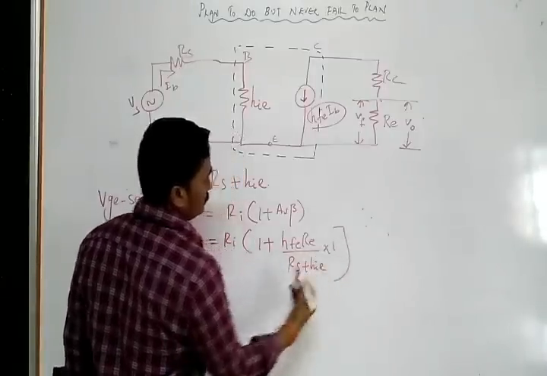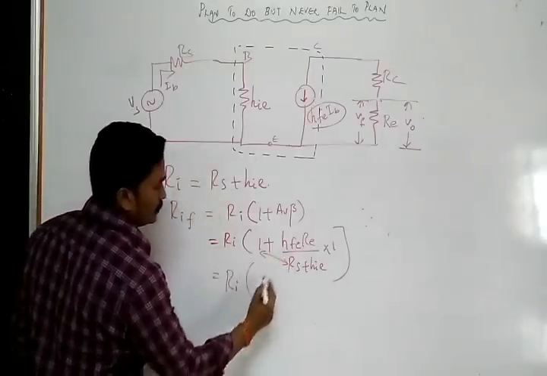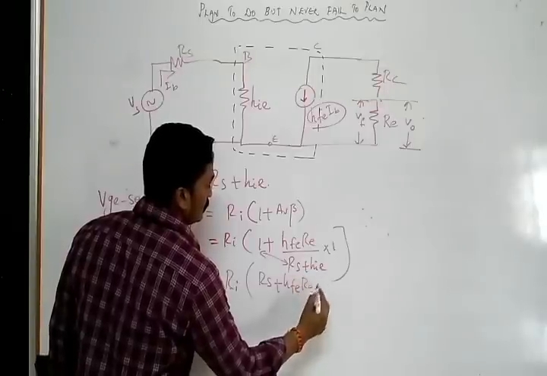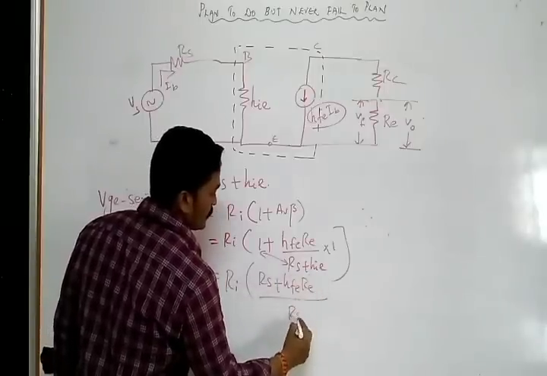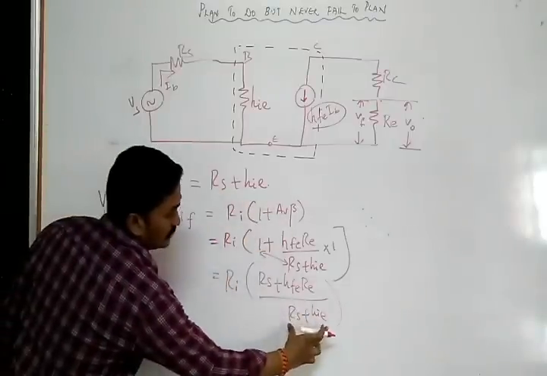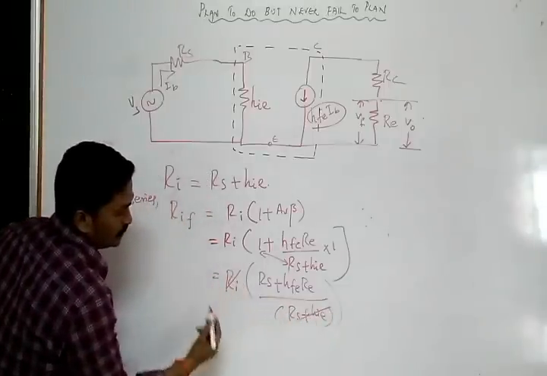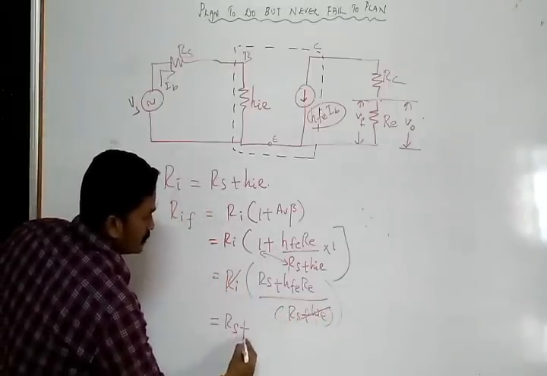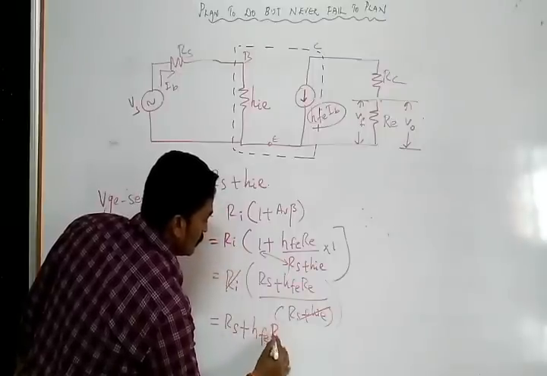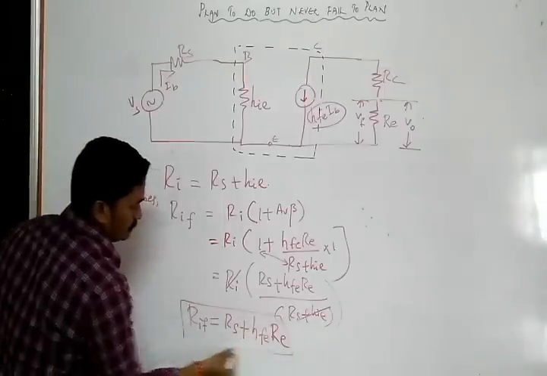into beta value is 1, and do cross multiplication, Ri into Rs plus HFE Re divided by Rs plus HIE. Rs plus HIE is equal to Ri. So these two get cancelled. You will get Rs plus HFE Re. This is your RIF.